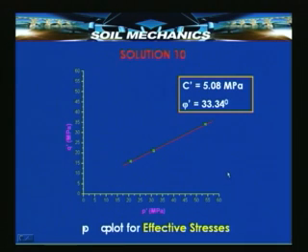The PQ plot in terms of effective stresses for this rock gives us a C dash of 5 megapascals and phi dash of 33.34 degrees. So, this is the utility of the PQ plot. There is a lot of advantage in drawing a straight line through the test points than in plotting Mohr circles and drawing a common tangent.